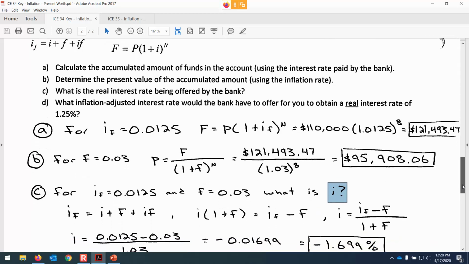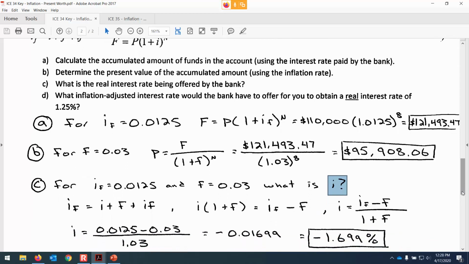Okay, so if we substitute in the 1.25% market interest rate, subtract out the inflation rate, and then divide by 1 plus f, which is 1 plus the inflation rate, the sad truth is that we have a negative value, a negative real interest rate.